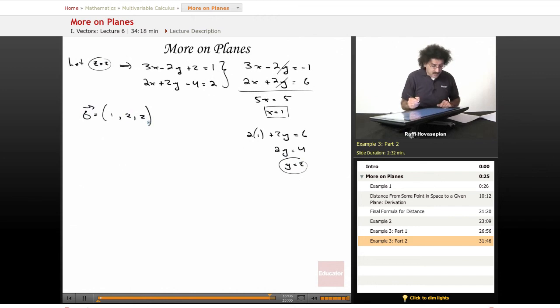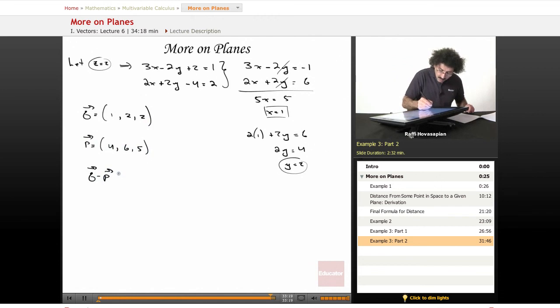So Q is 1, 2, 2, and from the previous page, P is 4, 6, 5. Therefore Q minus P: 1 minus 4 is negative 3, 2 minus 6 is, wait, not negative 3, 2 minus 6 is negative 4. Can't even do my arithmetic. Negative 3, negative 4, and 2 minus 5 is negative 3.